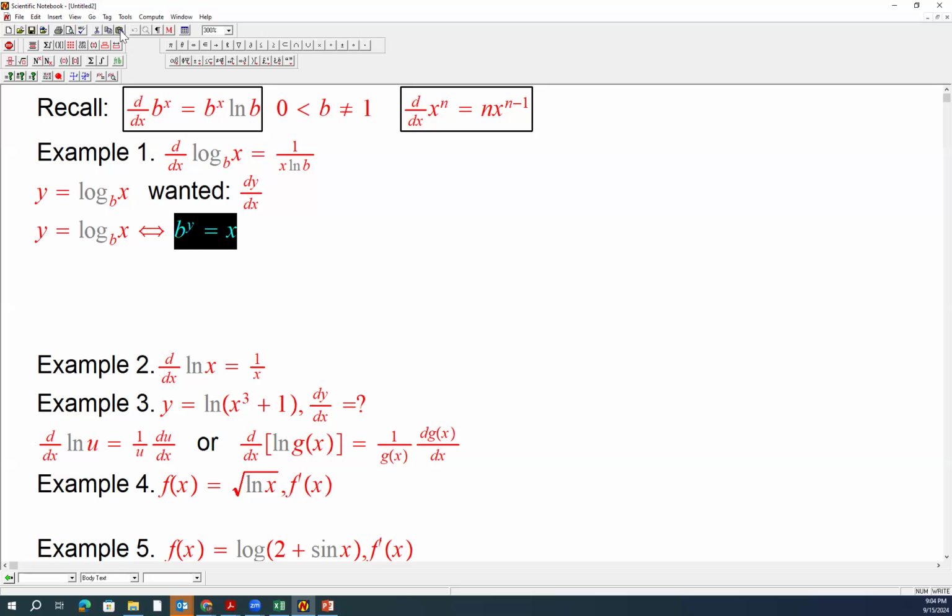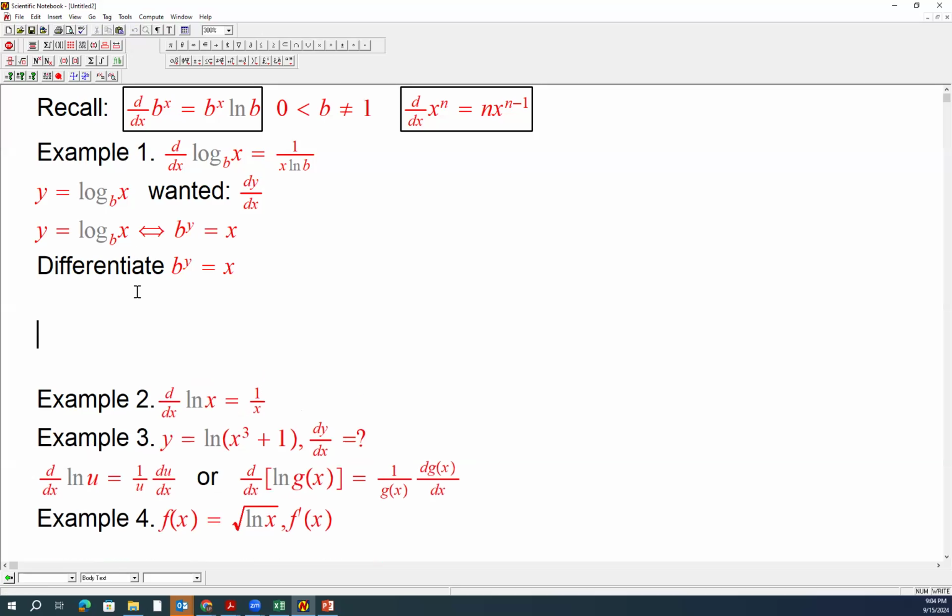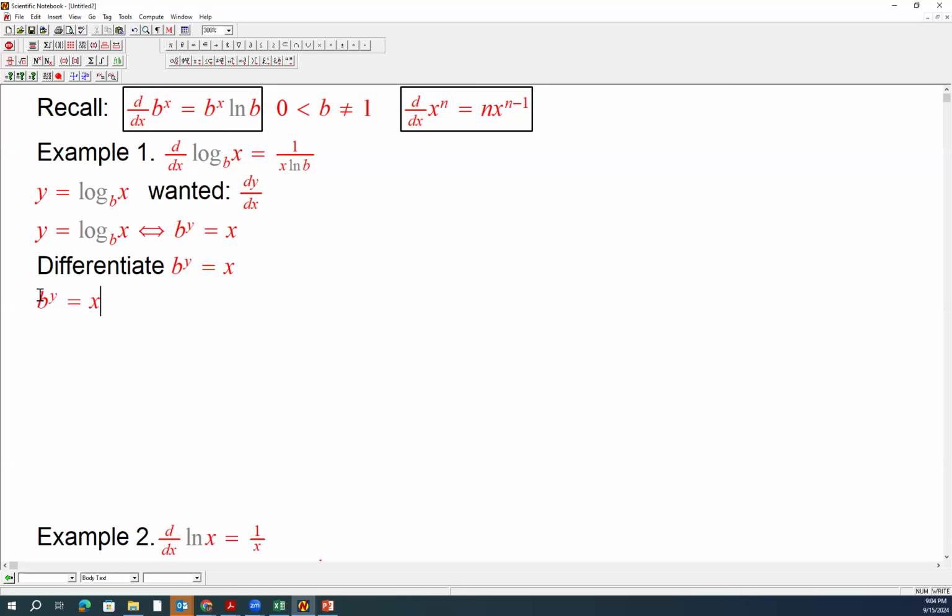And we're going to differentiate this equation implicitly. We want to get dy/dx, so that's the goal. So we're going to take the derivative on both sides with respect to x.